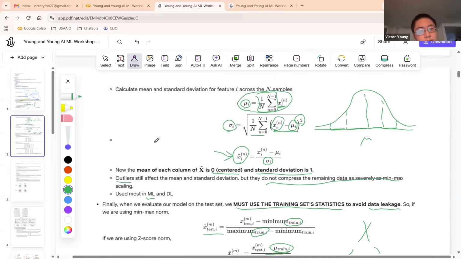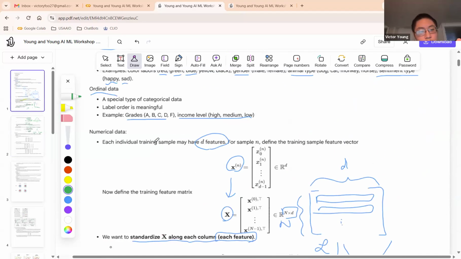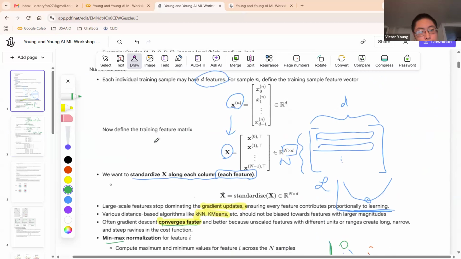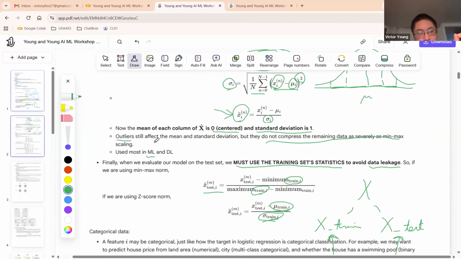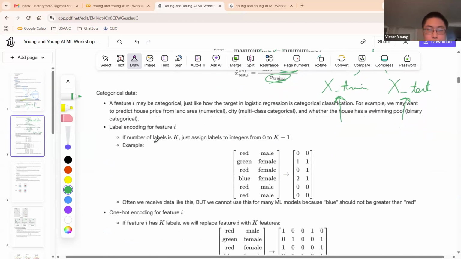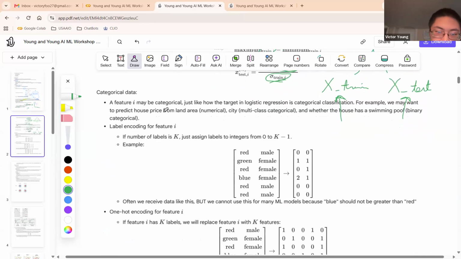So for numerical data, we can do standardization. For categorical data, can you standardize categorical data? Not really, because categorical data might be like color, like red, green, red, blue, red, red.